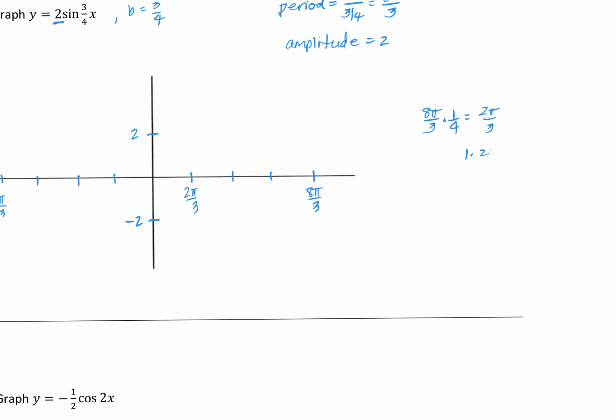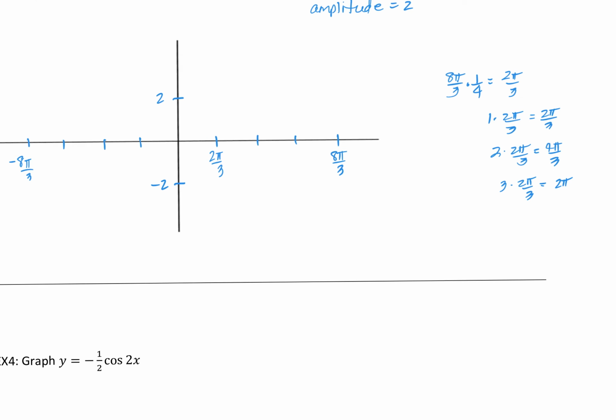Maybe I'll write it out. 1 times 2 pi over 3, which is 2 pi over 3. And then I'm going to go 2 of these 2 pi over 3s, which would give me 4 pi over 3. And then I'm going to go 3 of these 2 pi over 3s, which would give me 6 pi over 3, or 2 pi. And then I've already got that 4, 2 pi over 3, which was my 8 pi.